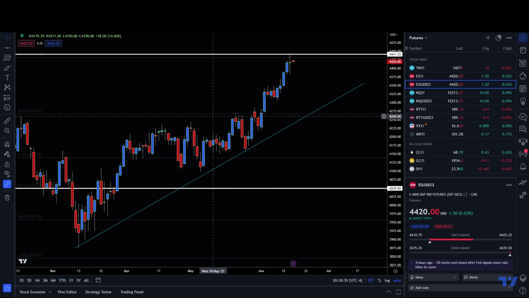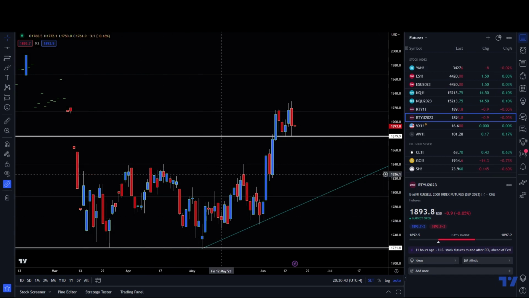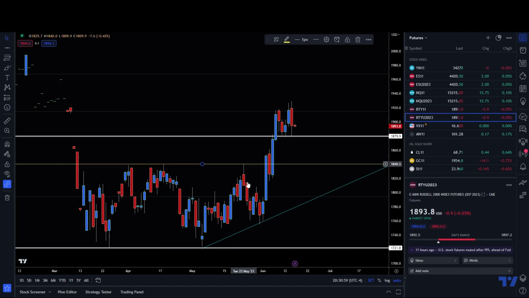Where else can I show you support and resistance? Did it retest it here? Okay, see, here you go. See what I mean? Here was a resistance level. The market broke through, and sometimes it'll do this too. So here's resistance, right? Boom, market breaks through.